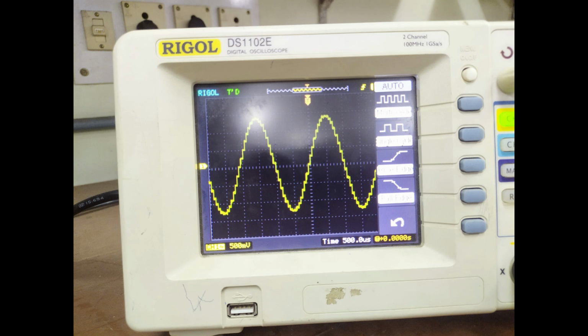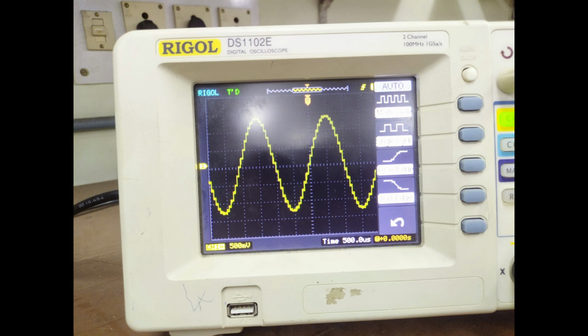One more thing that you have to understand: for adaptive delta modulation, if you see the sampled signal clearly, you will find that the step size is varying here. The step size is much more at the middle, at the x-axis line, and it has been reduced at the peak points.